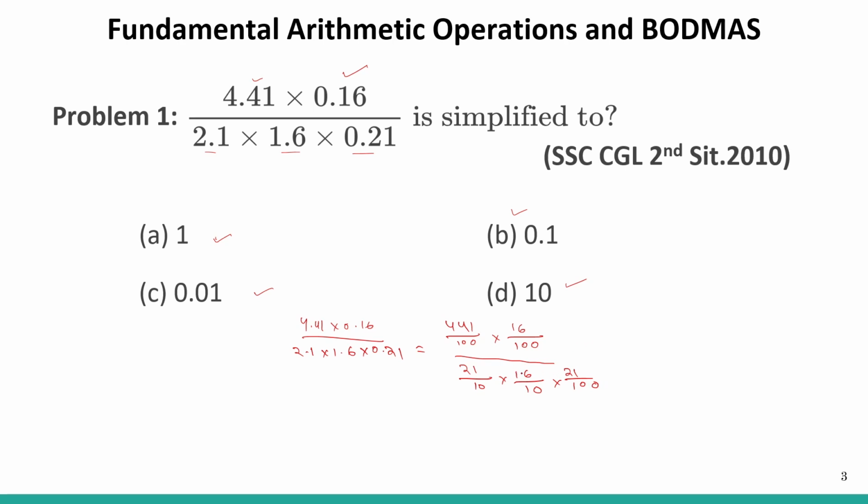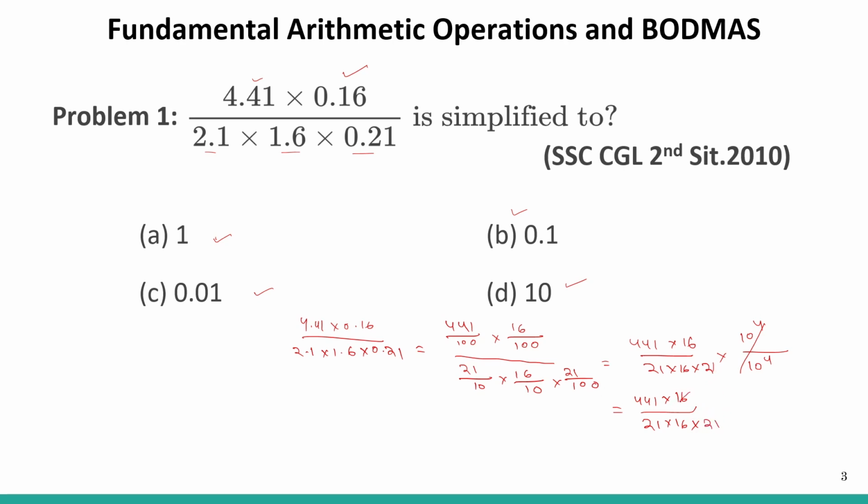This is equal to 441 into 16 whole divided by 21 into 16 into 21 into 10 power 4, whole by 10 power 4. So this will be cancelled, and the remaining part is 441 into 16 whole divided by 21 into 16 into 21.